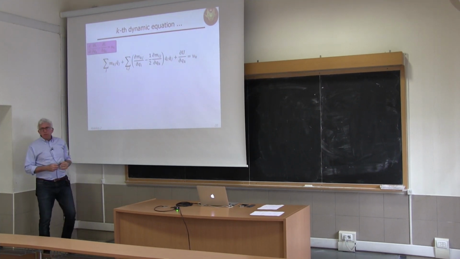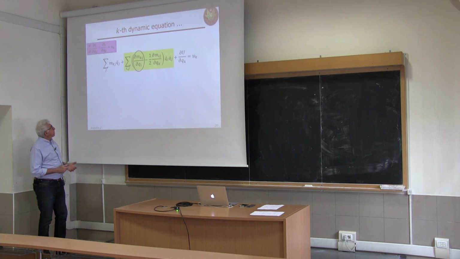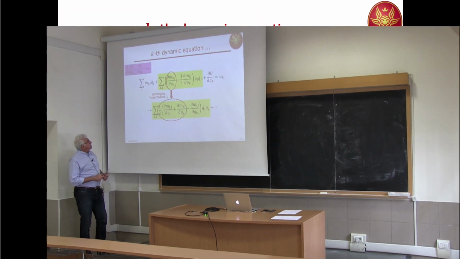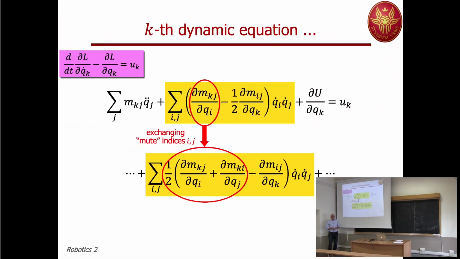So the next step that we do is really symmetrizing this situation. So we take into account this part, and we do twice the summation by exchanging the mute indices. Now you see that the result will be the same because we sum over all indices.